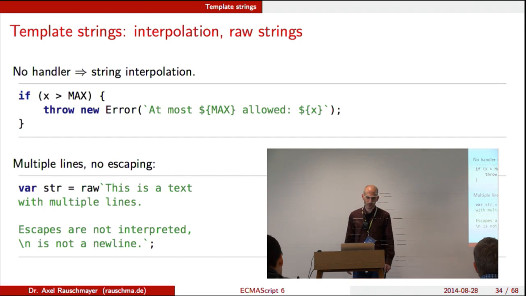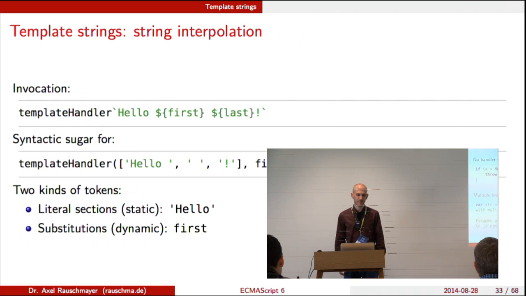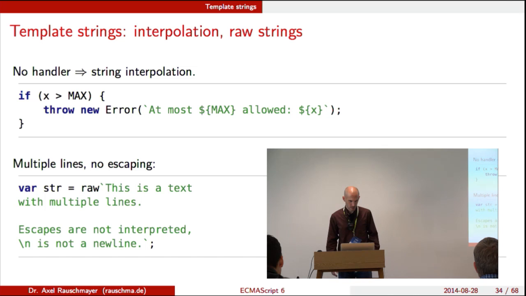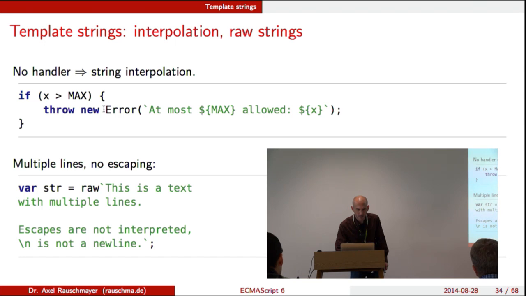But when it comes to libraries, it's even nicer, and I'll give an example in a minute. So, as I said, if you don't use a handler, then it's just a normal string. And for an error message, I find that quite convenient.